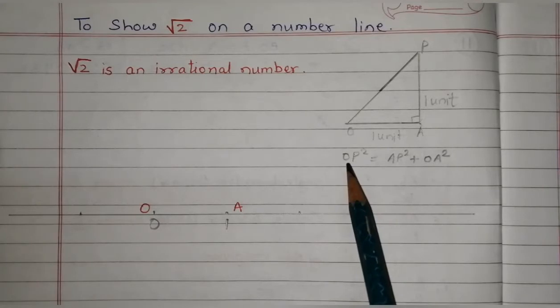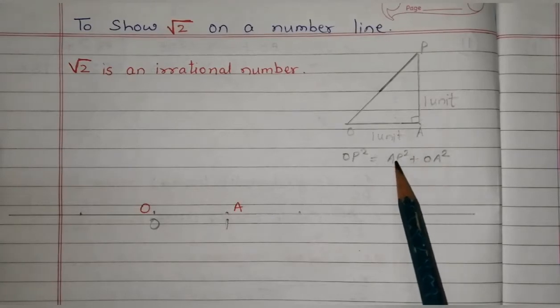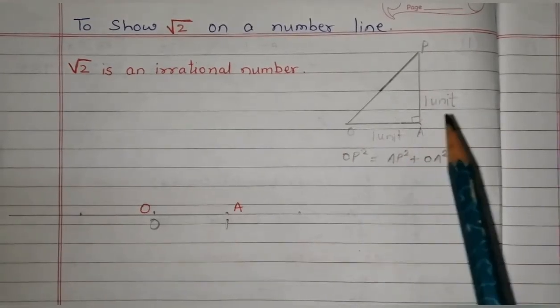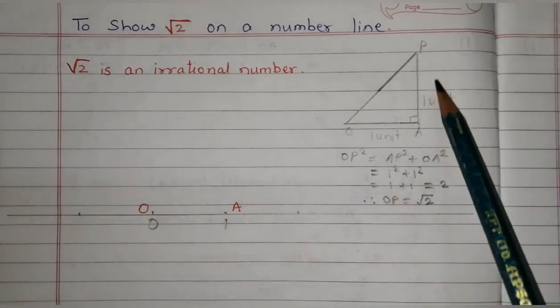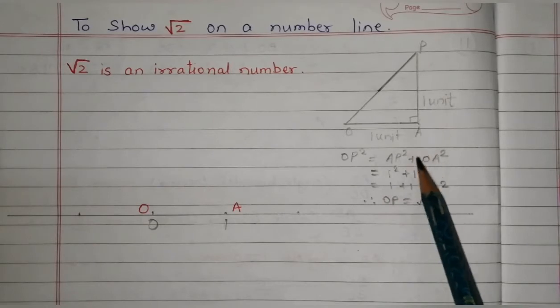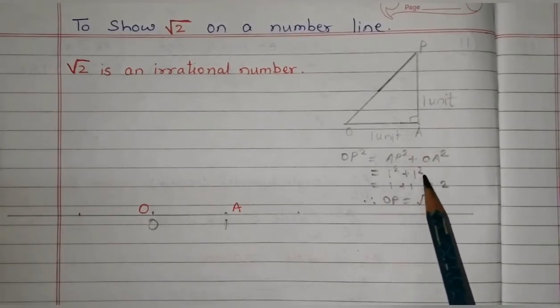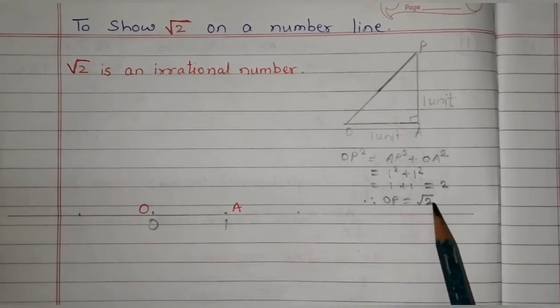By Pythagoras theorem, hypotenuse OP square equals AP square plus OA square. AP is 1 unit, OA is 1 unit. So square of 1 is 1, square of 1 is 1. Add, so that is equal to 2. So OP is root 2.